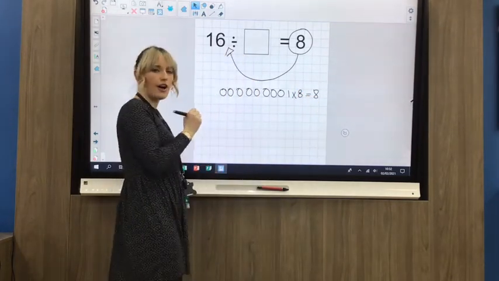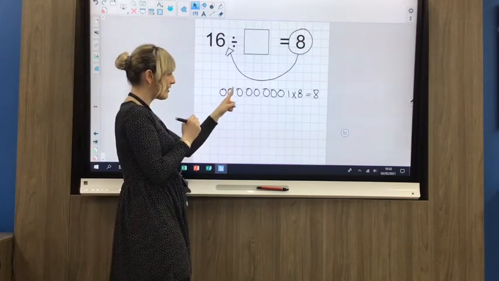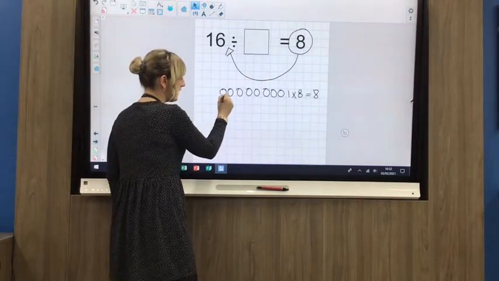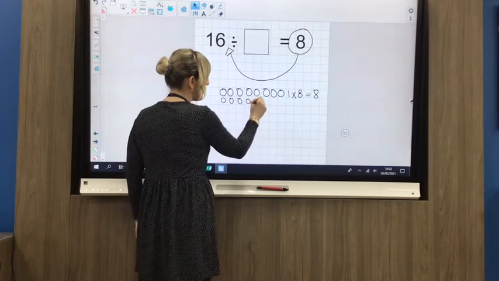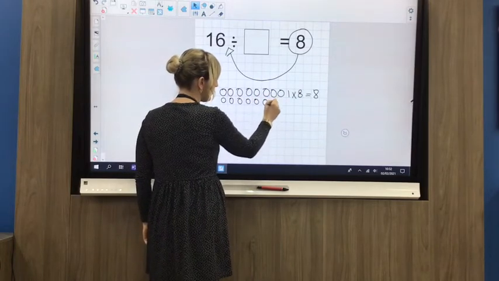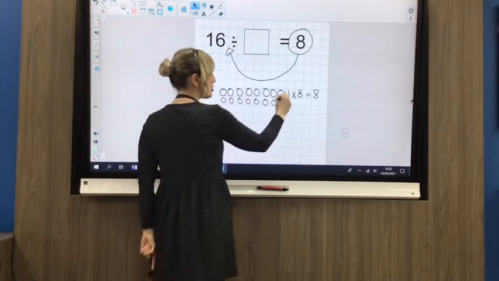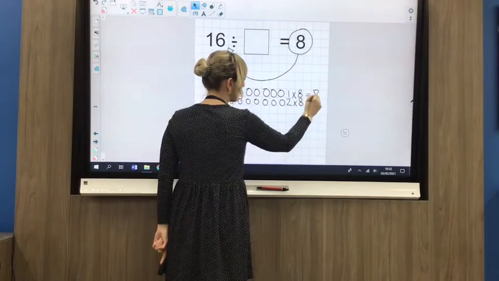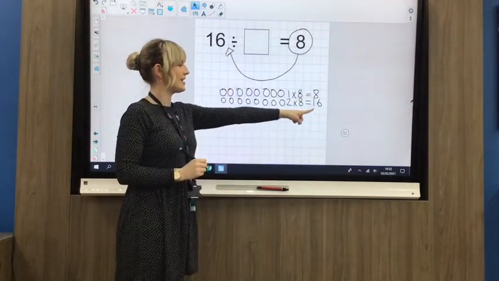Okay, I'm going to carry on, counting on, making sure I'm drawing directly underneath so I know I've got 8 more. So 8, 9, 10, 11, 12, 13, 14, 15, 16. So now I've got 2 lots of 8 equals 16. So I've worked out that 2 lots of 8 is 16.